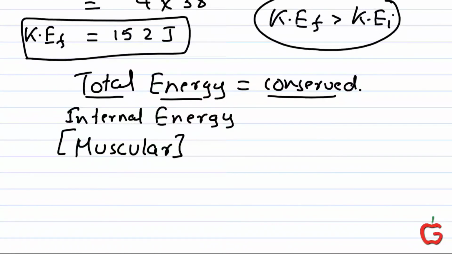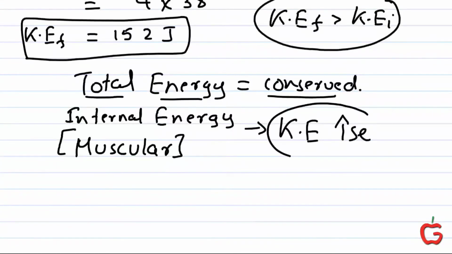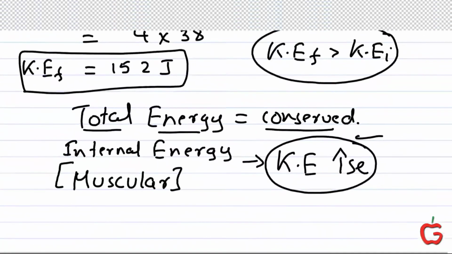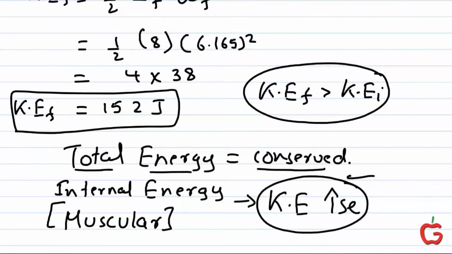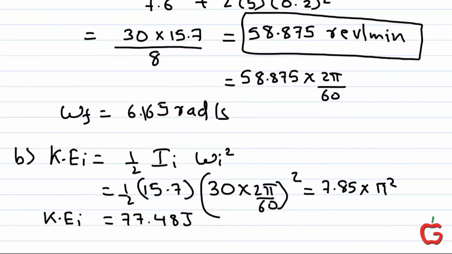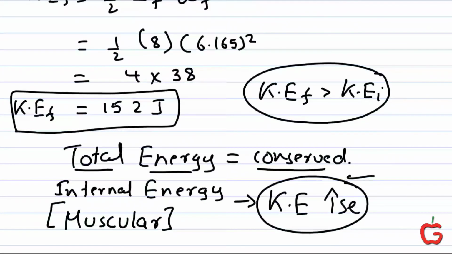So the internal muscular energy is being used to increase the kinetic energy of the system. So this extra 152 minus 77.48, so around 74 joules of extra energy comes from the muscular or the internal energy of the body. Okay, I hope this clears this.